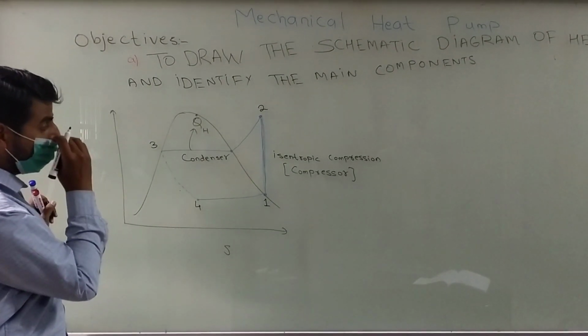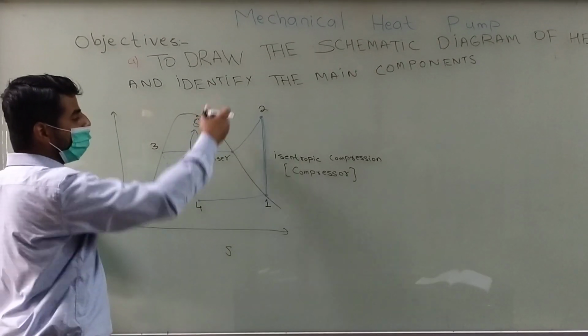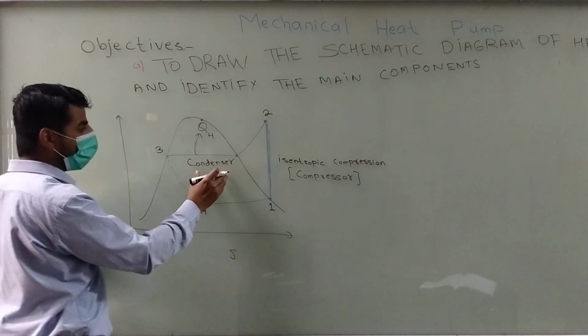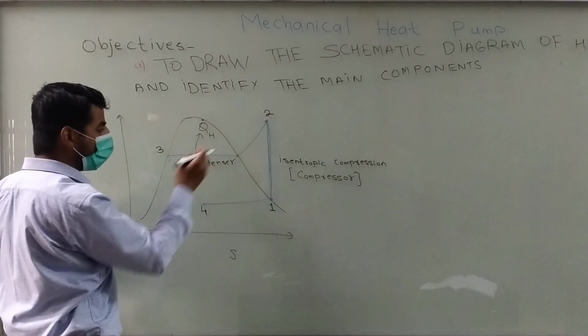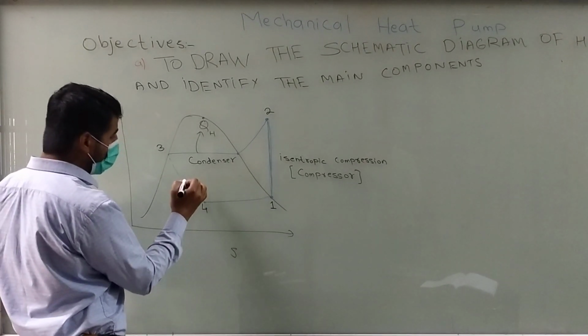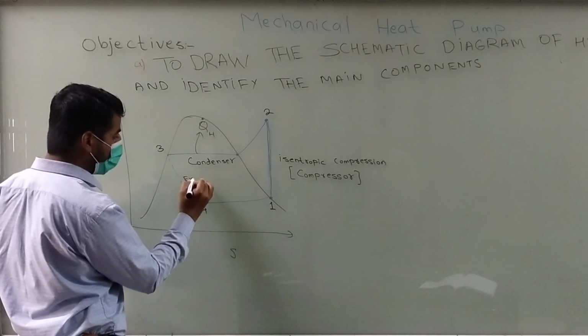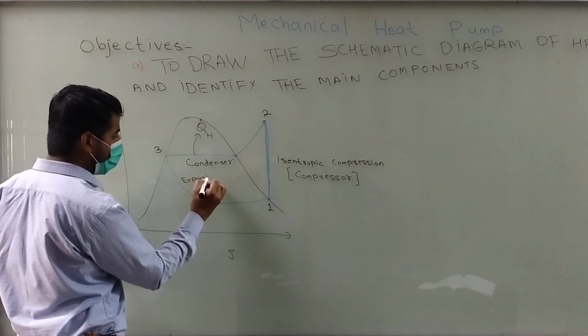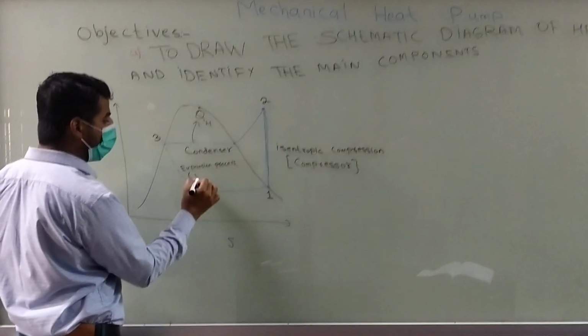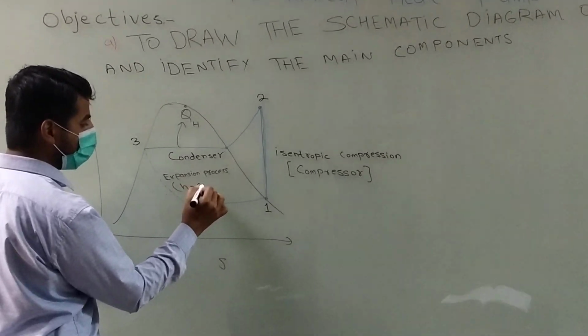So in condenser you will have heat rejection to the ambient, to the atmosphere, or whatever medium we have. So this process is carried out in condenser 2 to 3, and this 3 to 4 is basically expansion process. And this is a constant enthalpy process.